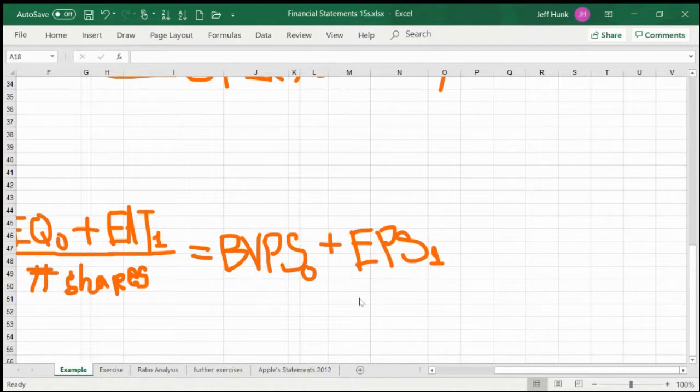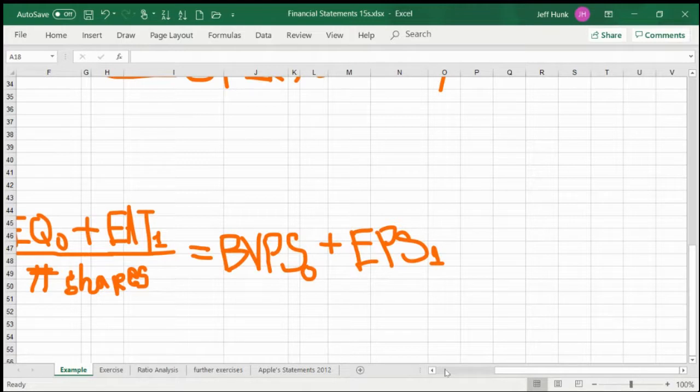In other words, the stock price will reflect exactly the profit, the increased value due to operating activity.